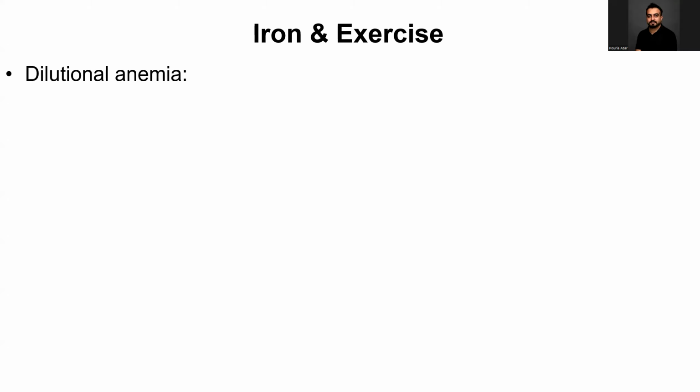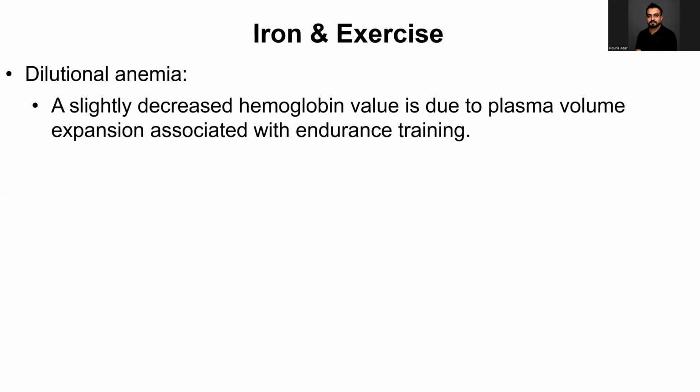There's another term called dilutional anemia. Dilutional anemia is a slightly decreased hemoglobin value due to plasma volume expansion associated with endurance training. So dilutional anemia is not anemia. It's kind of a fake anemia.